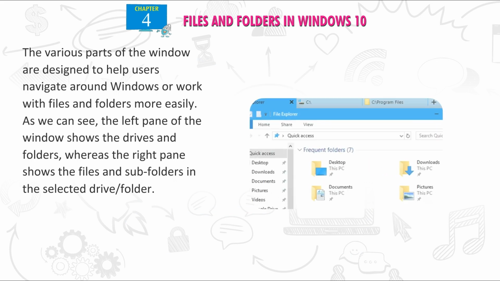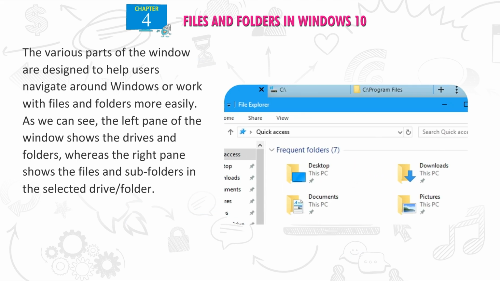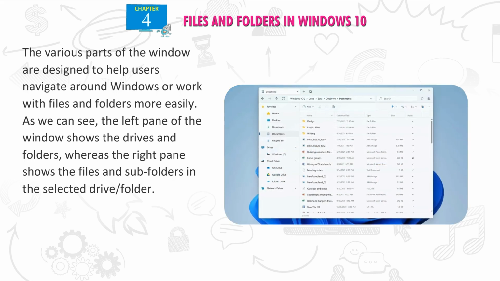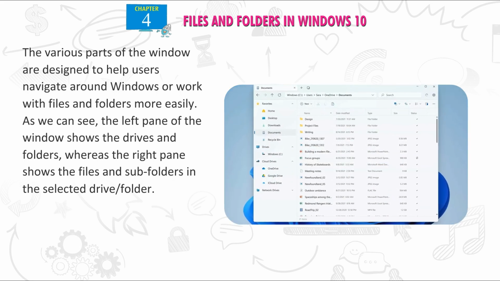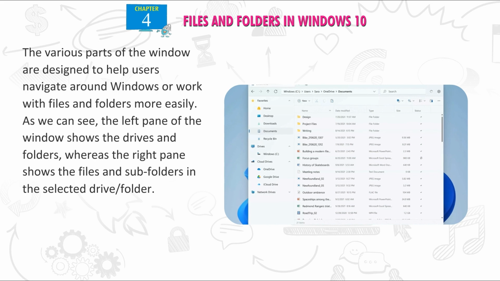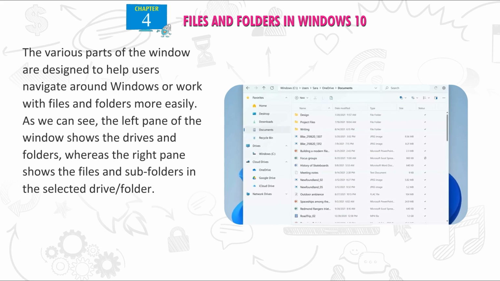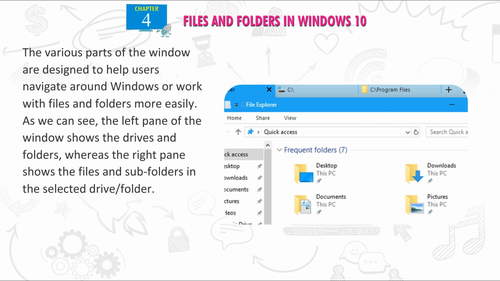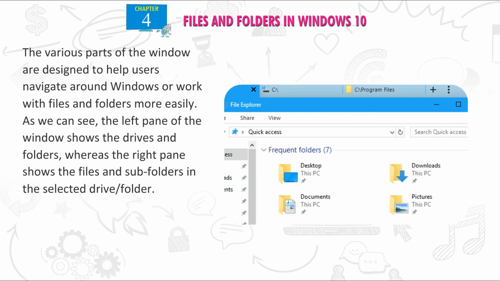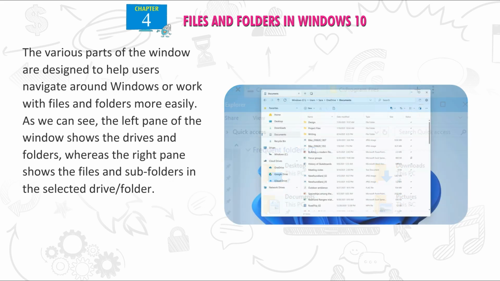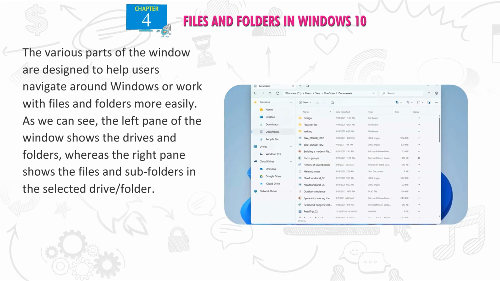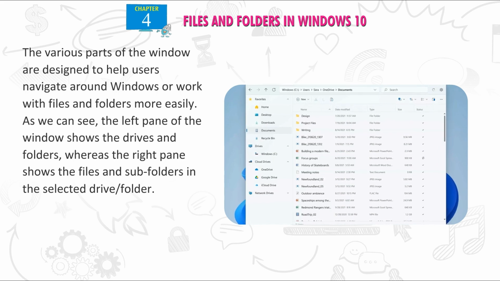The various parts of the File Explorer window are designed to help users navigate around Windows or work with files and folders more easily. As we can see, the left pane of the File Explorer window shows the drives and folders, whereas the right pane shows the files and subfolders in the selected drive or folder.